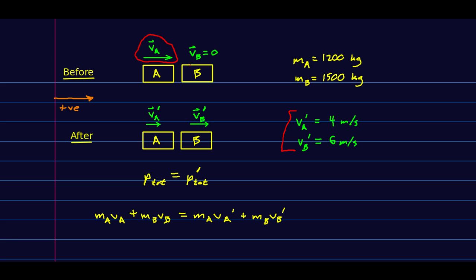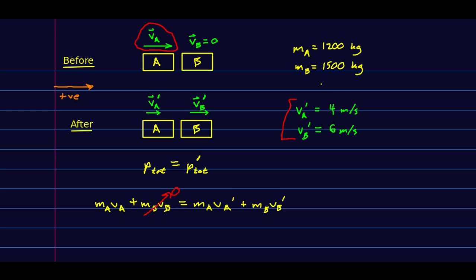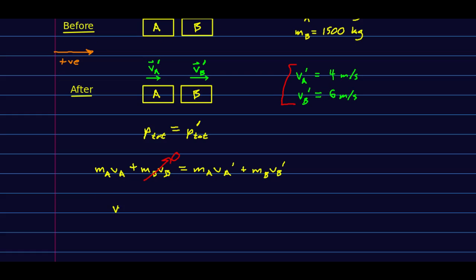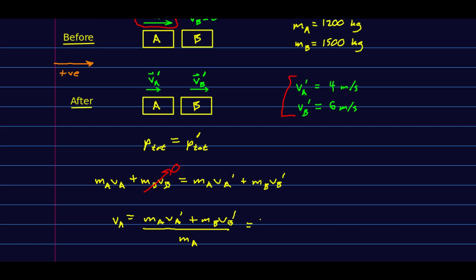And I have the nice simplification here that VB is 0. And so I just have that VA, which is the thing we're looking for, is just going to be MA VA prime plus MB VB prime all over MA. And so that's pretty easy to plug in.